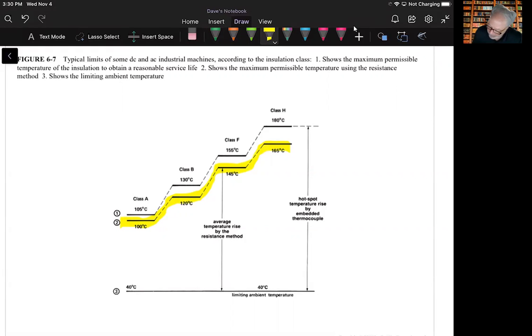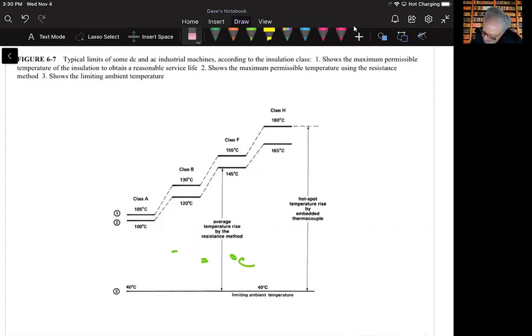He says, for instance, in Class B, the average winding temperature of 120 degrees is assumed to be equivalent to the hot spot temperature of 130 degrees. So for average temperature rise in a particular situation, this would be the difference between ambient and 120, and that amount would be 120 minus 40, or 80 degrees C for a Class B machine.